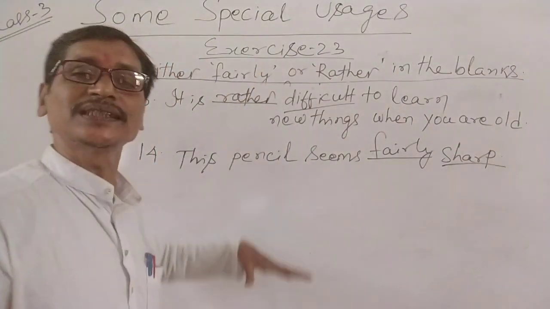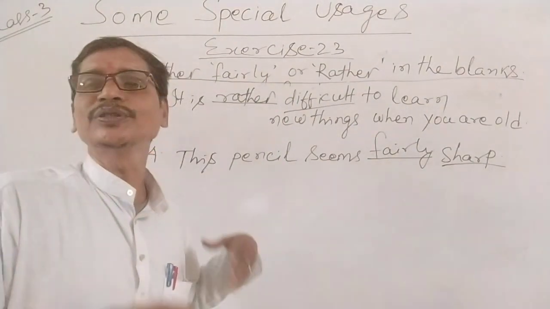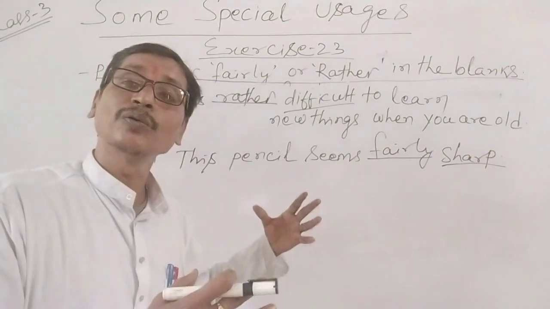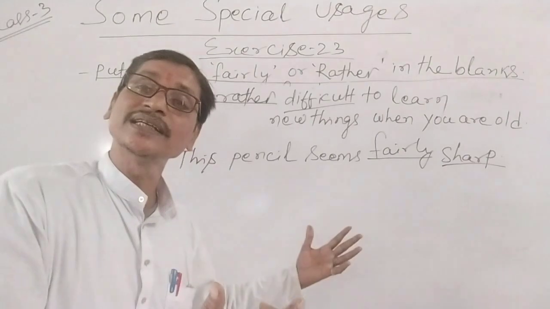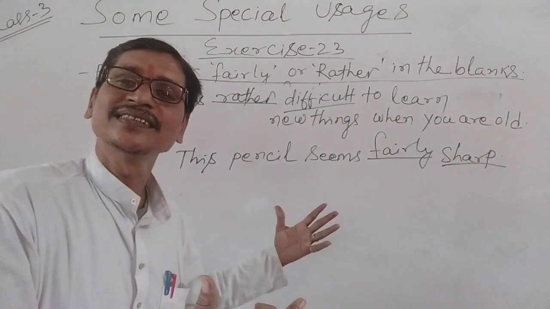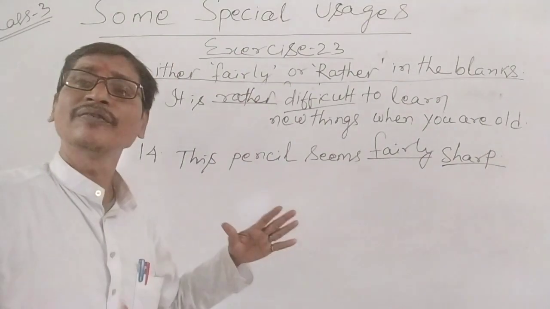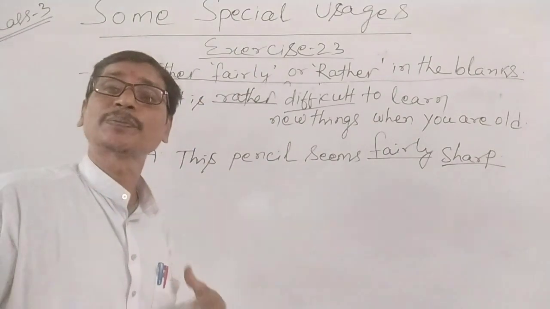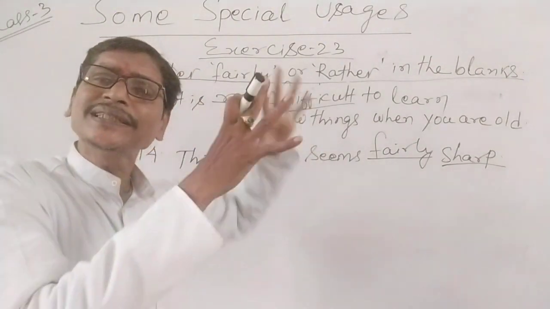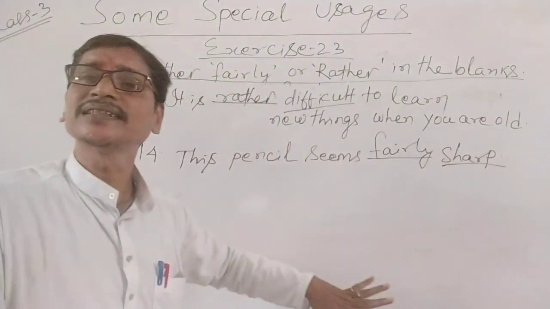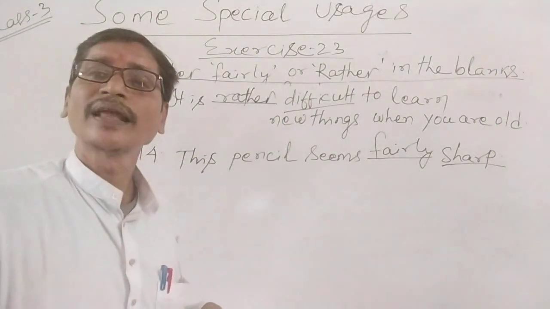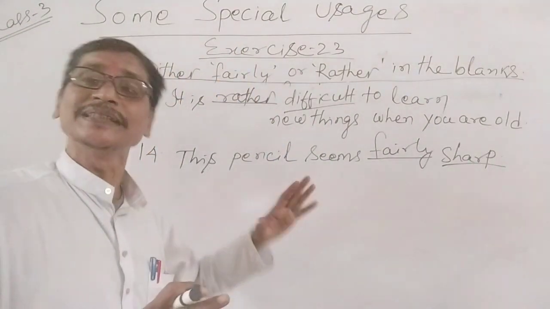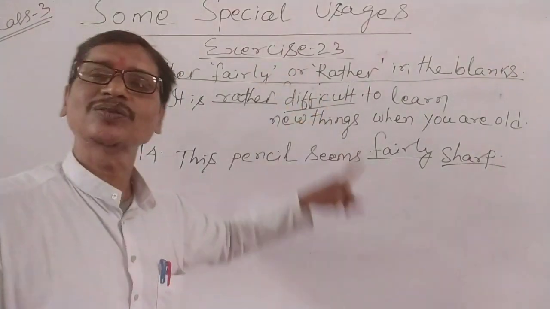In today's class, we understood that we use fairly for pleasant and positive things, and we use rather for unpleasant and negative things, negative thinking. Similarly, we use fairly when we express our approval, and we use rather when we express our disapproval. Based on those rules, we understood exercise 23 today. Next class, we will understand something more about the use of fairly and rather. Besides that, we will also understand exercise 24.